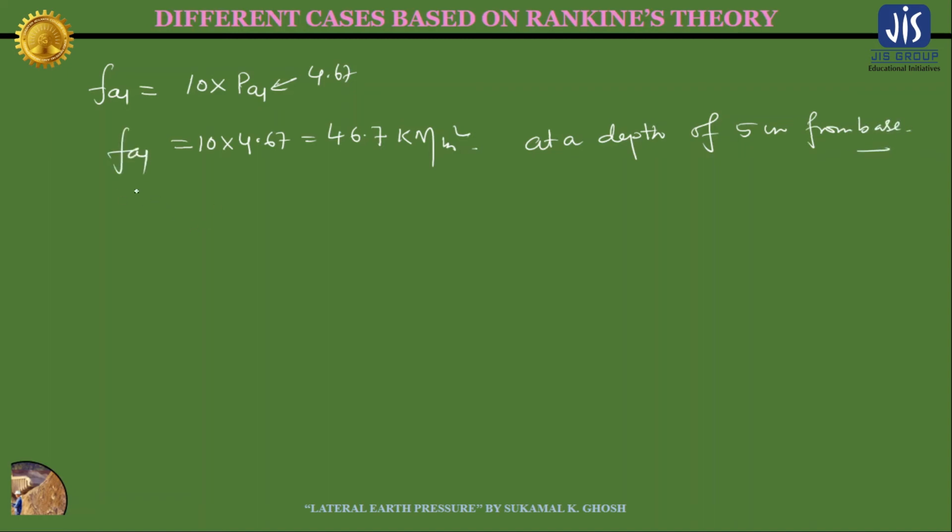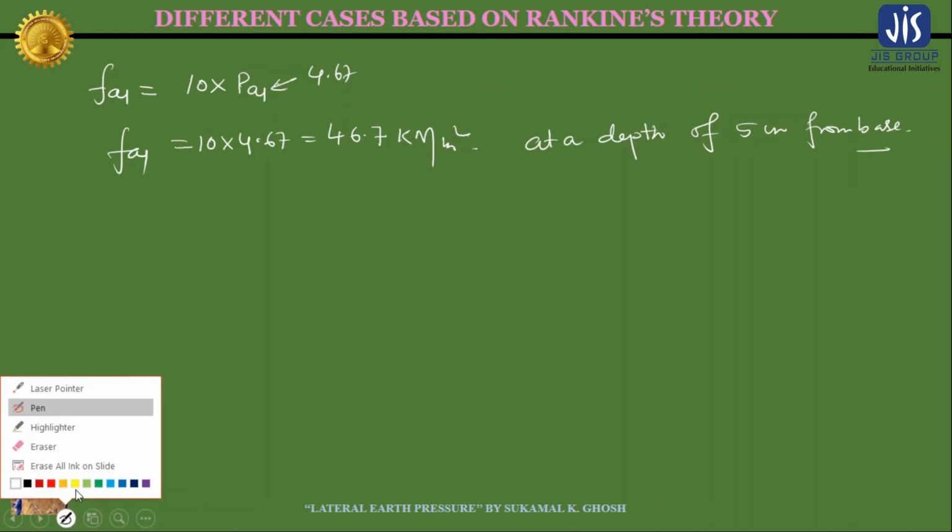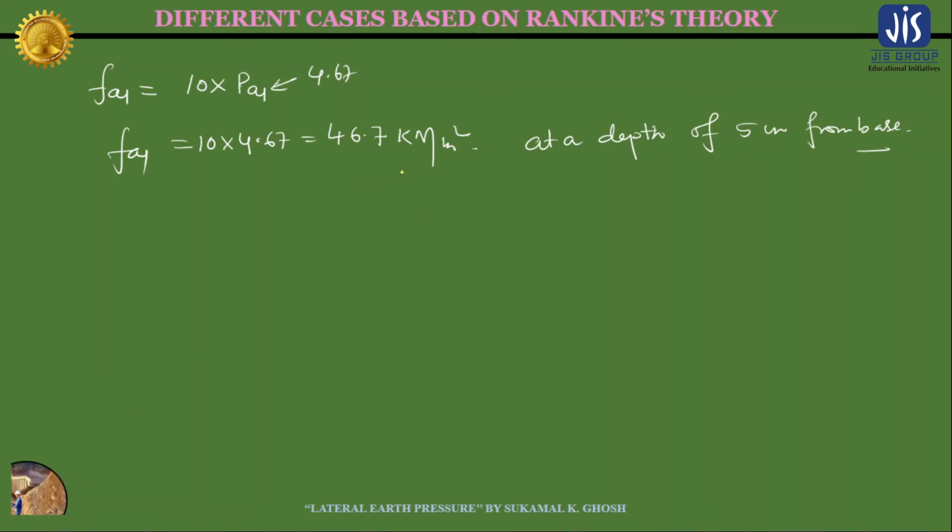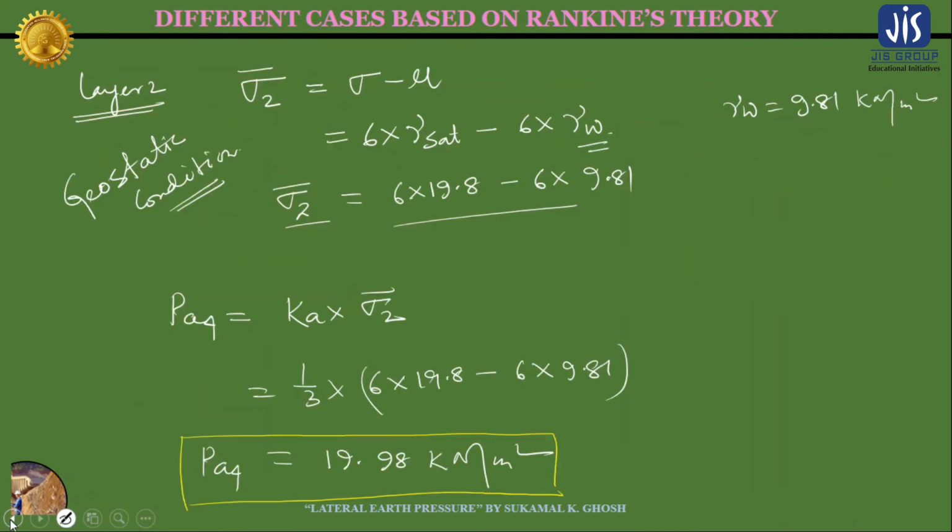So this FA1 is acting at a depth of 5 meter from the base, and the value of FA1 is 46.7.